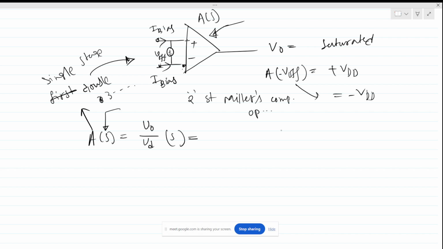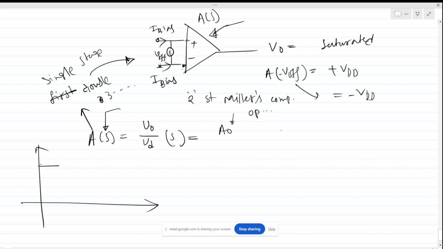So there is a DC gain, let's say A naught. DC gain means the gain at DC frequency. This is the V out by VD transfer function in open loop.